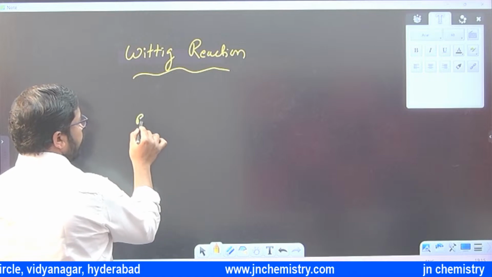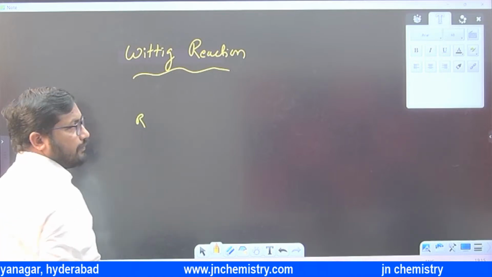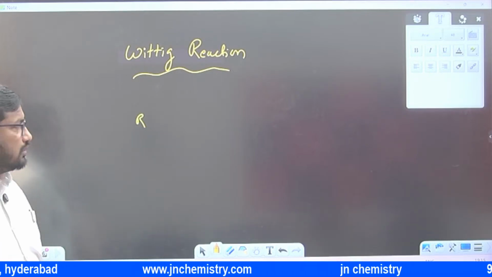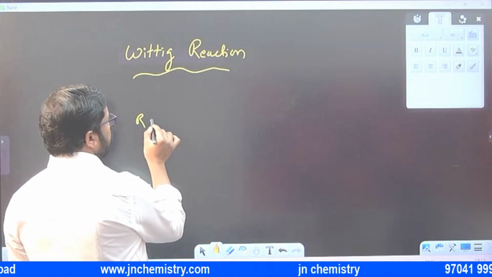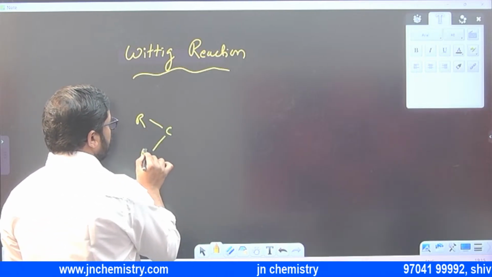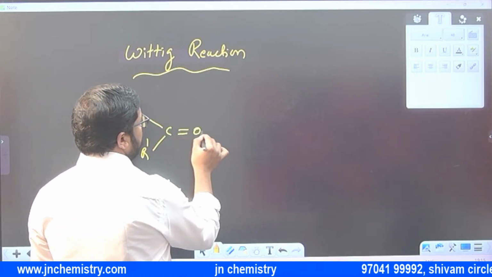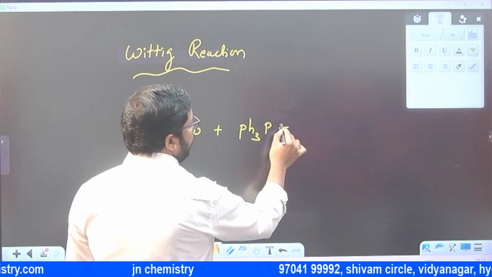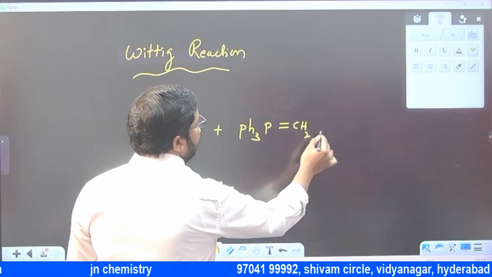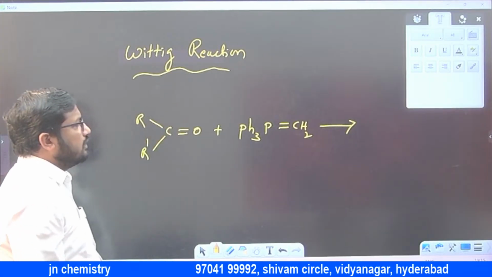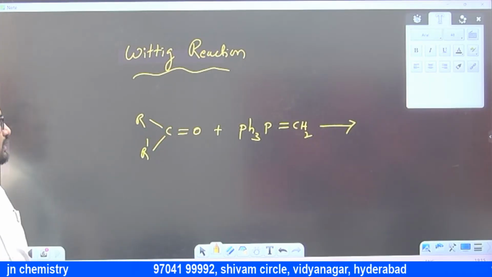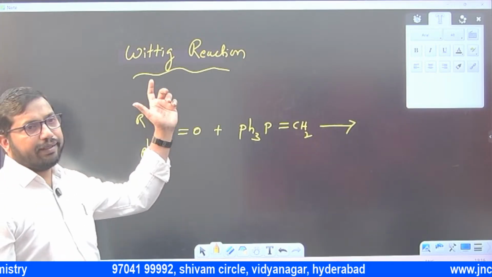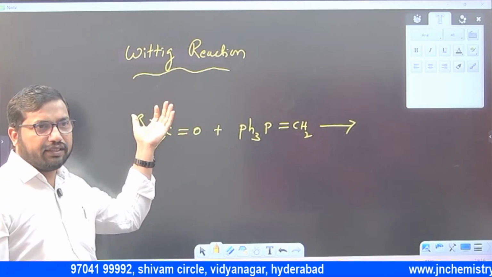So generally aldehydes and ketones, Nana. For example, aldehydes and ketones when treating with R dash triphenyl phosphine, this is ylide. So Wittig is the name. He's a scientist, in 1979 he got the Nobel Prize.